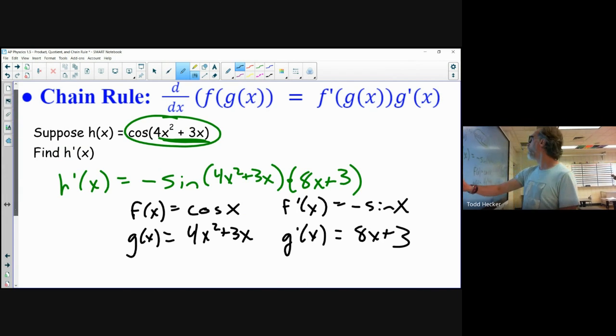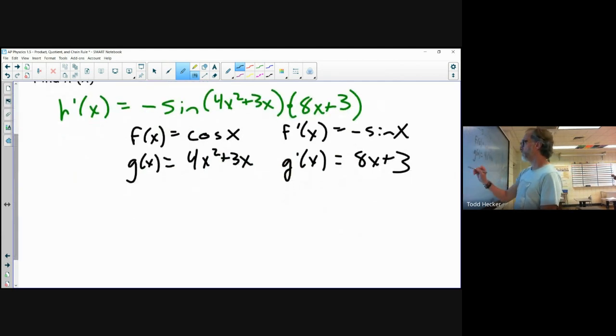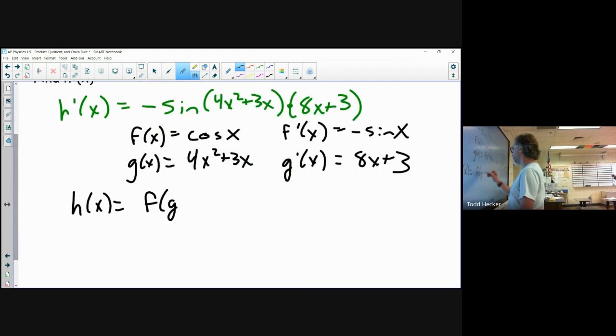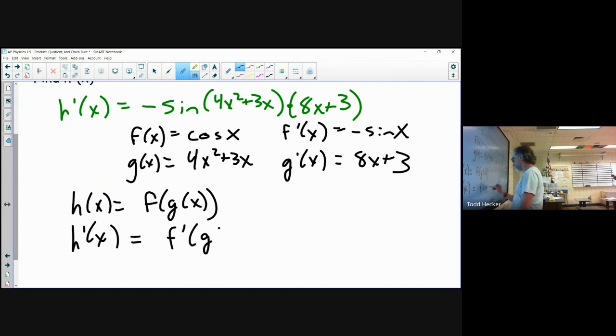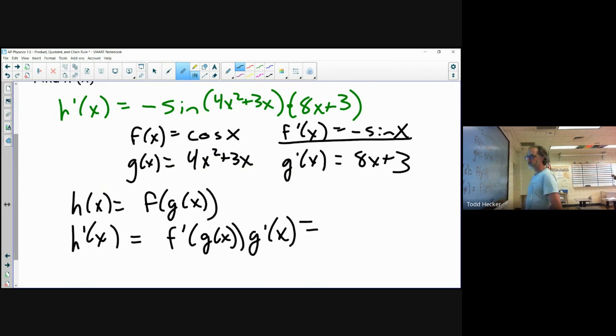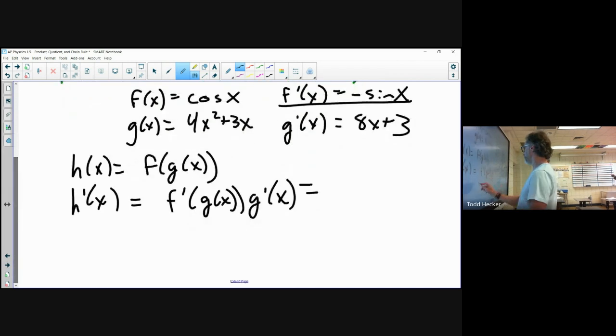And so now what I want is h of x is f of g of x. So h prime of x is f prime of g of x times g prime of x. F prime of x is negative sine x, but I don't want f prime of x, I want f prime of g of x.